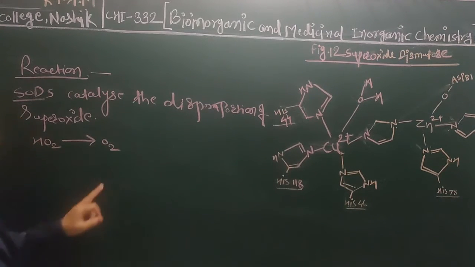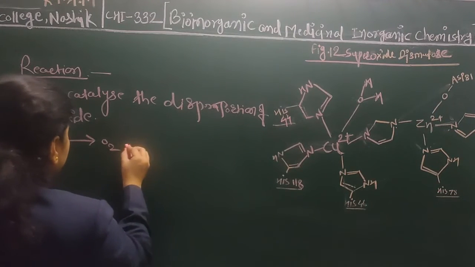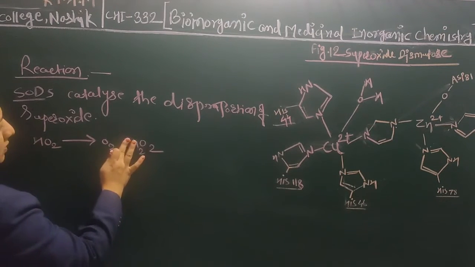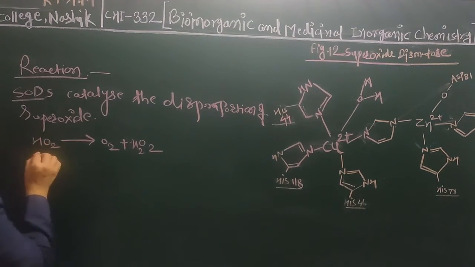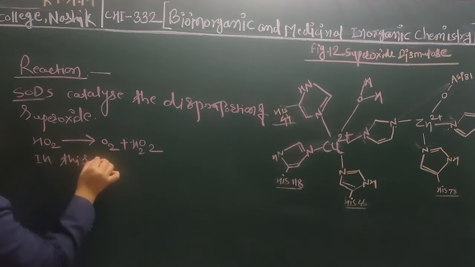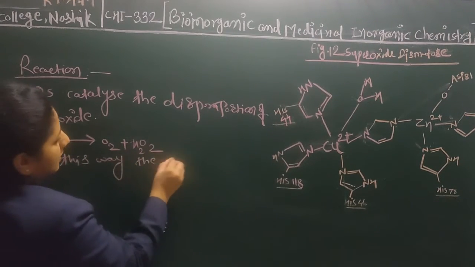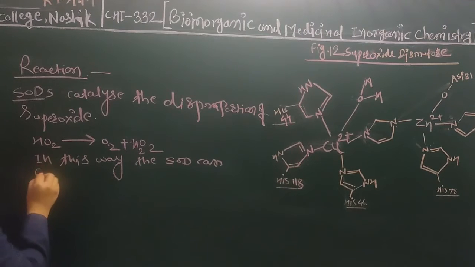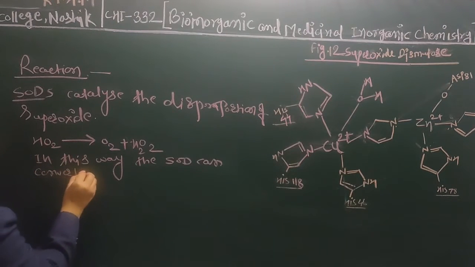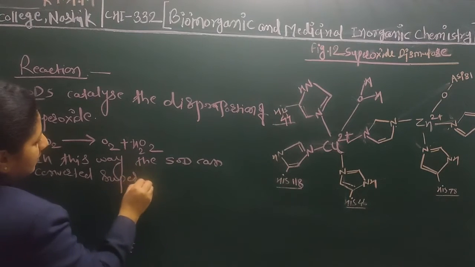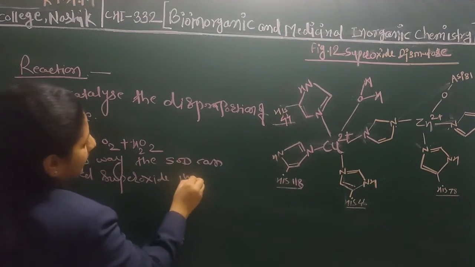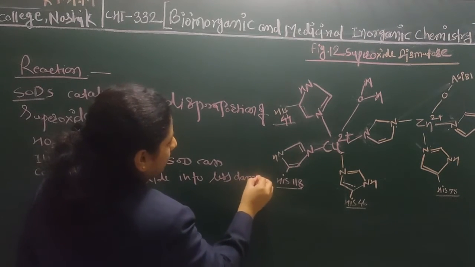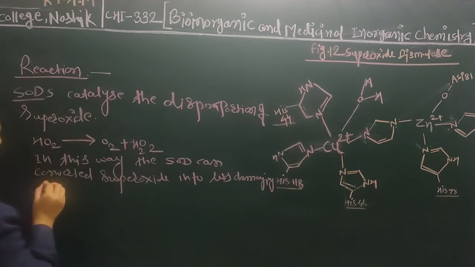If it disproportionates, then it will form H2O2. In this way, the SOD can convert superoxide into less damaging species.